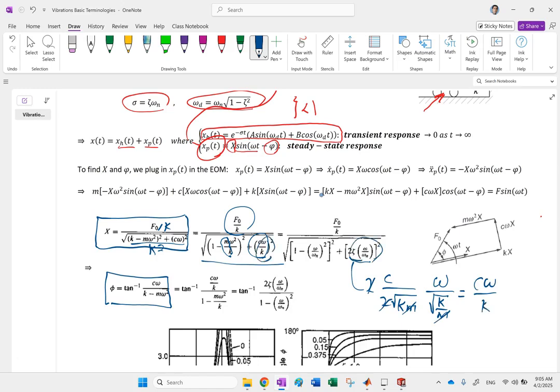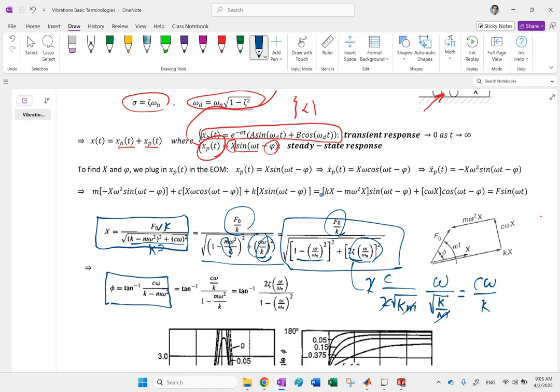So you can write that portion as 2 zeta omega over omega n, this part as 1 minus omega over omega n squared, and then the whole thing squared, and then under square root. So this is going to be your function in terms of natural frequency and damping factor, and of course the extra constant of F naught over k, which is basically your static deflection of the spring, right?